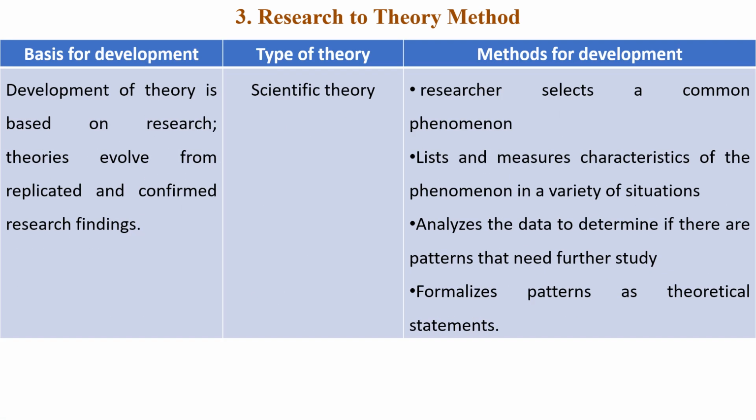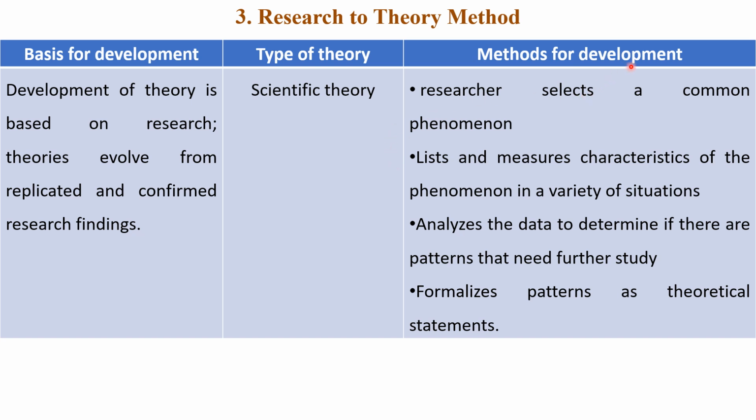We will see how to do this research to theory method. The basis of development: the development of theory is based on research. Theories evolve from replicated and confirmed research findings. So from the replication of research and confirmed research findings, the theory will be developed. This type of theory development is known as scientific theory.